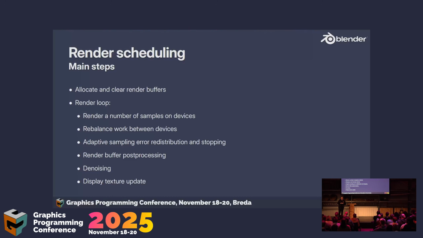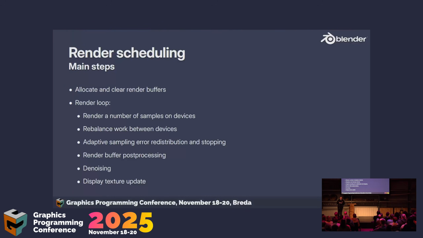So when it comes to rendering, which happens on the session level, it's the top-level render loop, where we split the image into big tiles, which by default are 2K by 2K. We allocate and zero out render buffers, then enter the render loop, where we say, hey, please render a number of samples. After that, the rebalancing between devices will happen if you have multi-device rendering.